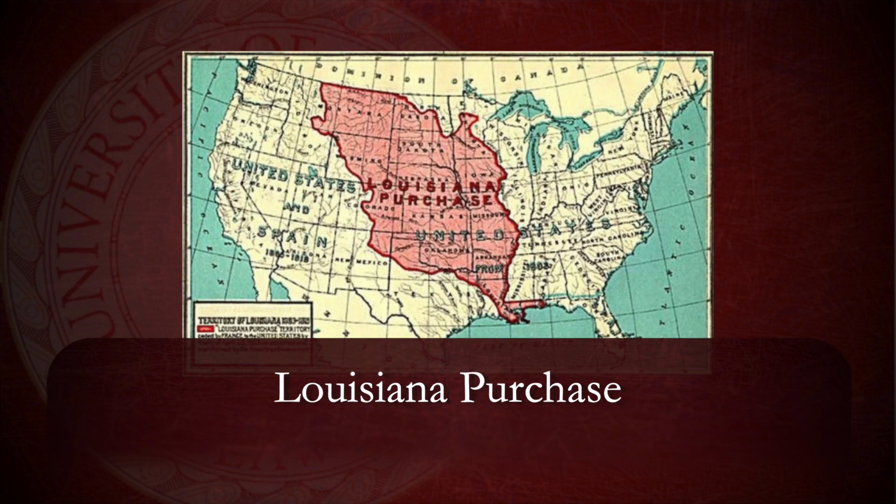We recently went to Washington, D.C., and we were at the National Archives, and there was the Louisiana Purchase, which we're all familiar with. 1803 through 4, Thomas Jefferson, the United States, purchases the land from Spain. Spain gets it from France.